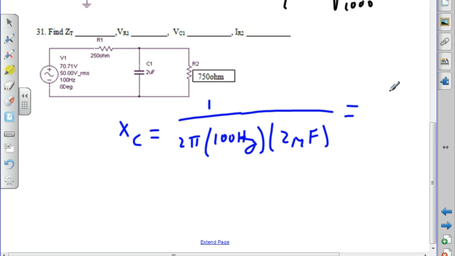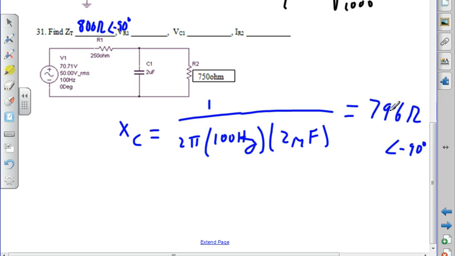So I've got 796 ohms, angle minus 90. I only have 2 significant digits, so I'm going to call this 800 ohms, angle minus 90 degrees.